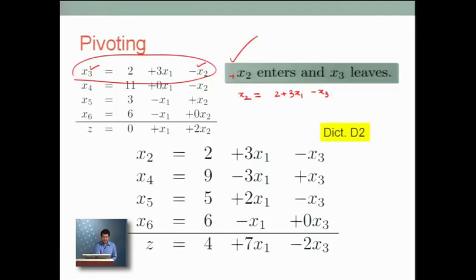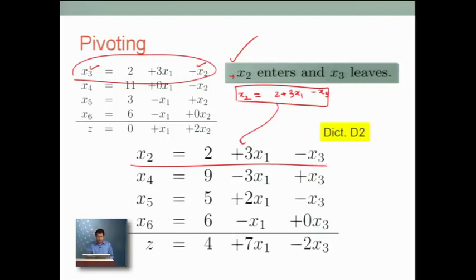This said x3 in terms of x2. We invert it and we write down x2 in terms of x3, and that goes here. Now everywhere else that you see x2, you do this substitution. You replace it with 2 plus 3x1 minus x3, and you get new expressions here.